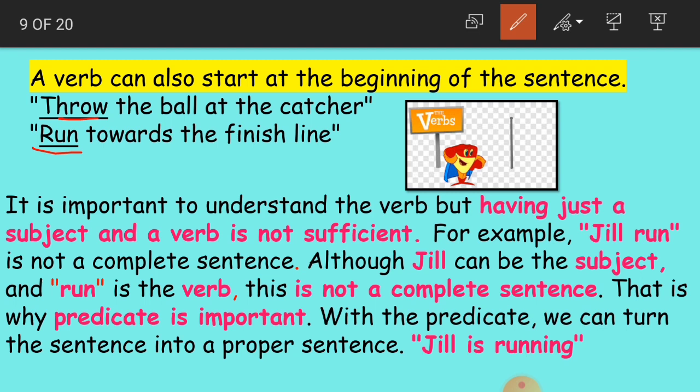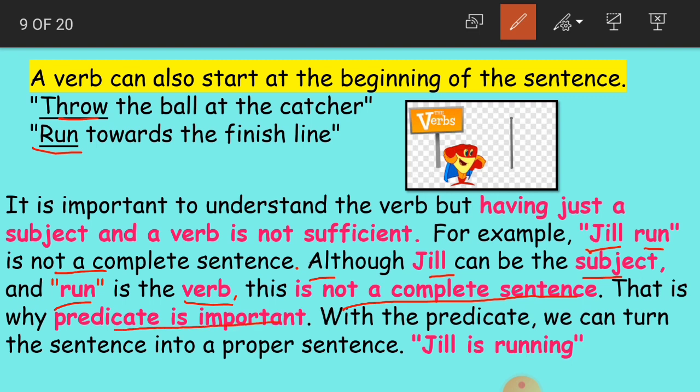Jill is a subject, and run again is a verb. So this becomes an incorrect sentence. Although Jill can be a subject and run is the verb, this is not a complete sentence. That is why the predicate is important.